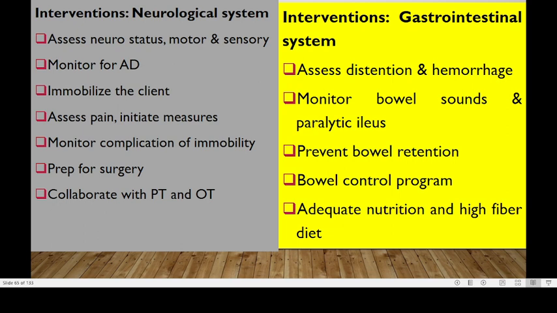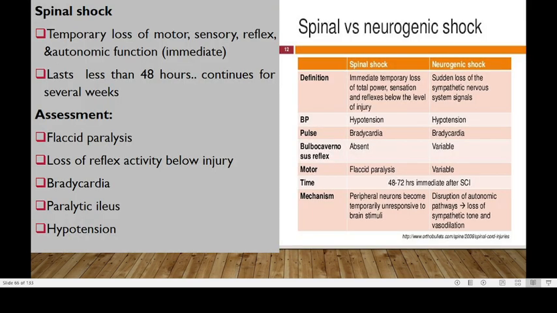For the gastrointestinal system, you assess distension and hemorrhage, monitor bowel sounds and paralytic ileus, prevent bowel retention with bowel control programs, and provide adequate nutrition and a high fiber diet.